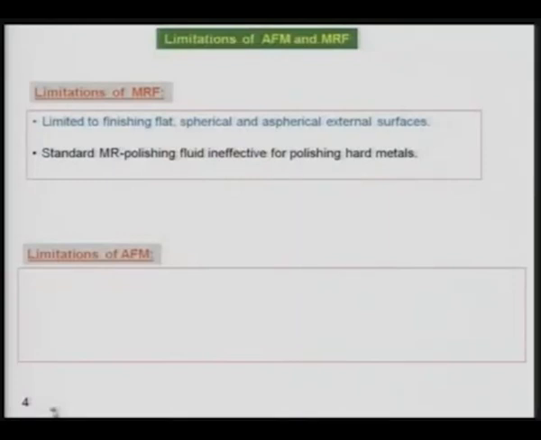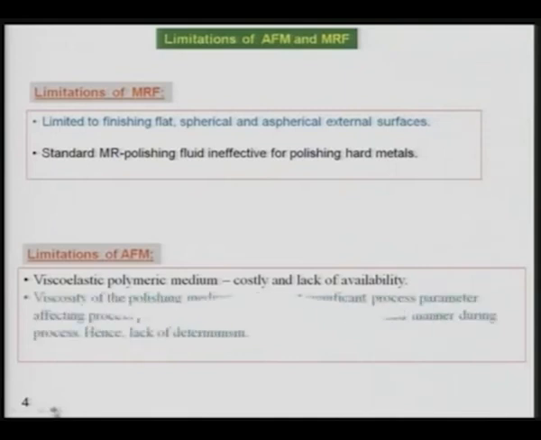Now let us recall limitations of the abrasive flow machining process. It includes a viscoelastic polymeric medium, which is costly, and lack of availability of the medium in India. Then the viscosity of the polishing medium in case of the AFM process is the most significant process parameter affecting AFM process performance.